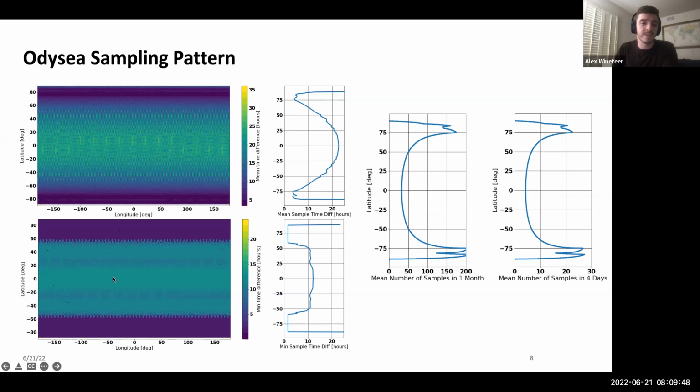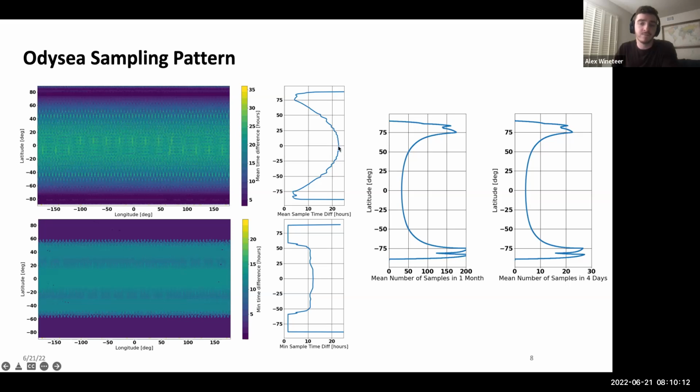That just means that as passes come along, there will be different minimum sampling times between different passes. If you integrate this across longitude, you get this plot on the top for mean sampling time differences. Again, this shows pretty much the same thing.